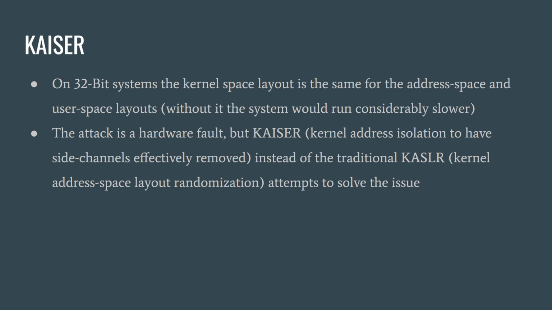Without this, with an extra kernel and user space layout copied over, the system would run considerably slower. But since the attack is a hardware fault, KAISER is a software solution to it, which is kernel address isolation to have side channels effectively removed, instead of what we've talked about before, KASLR, kernel address space layout randomization, which attempts to solve the issue.